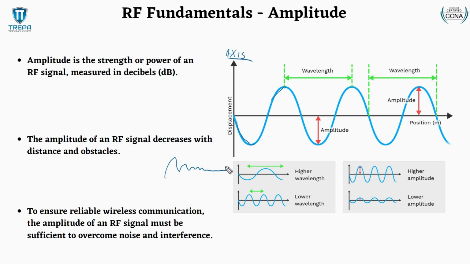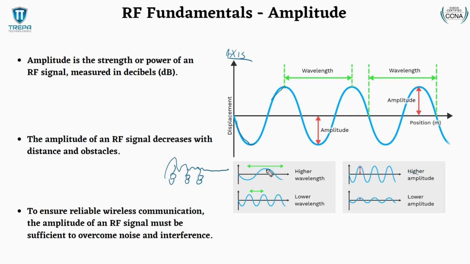Back to the noise floor. And essentially, depending on where we sit, that's going to determine how well we receive that RF. So that's the amplitude. So again, higher amplitude, that's more strength, more power.